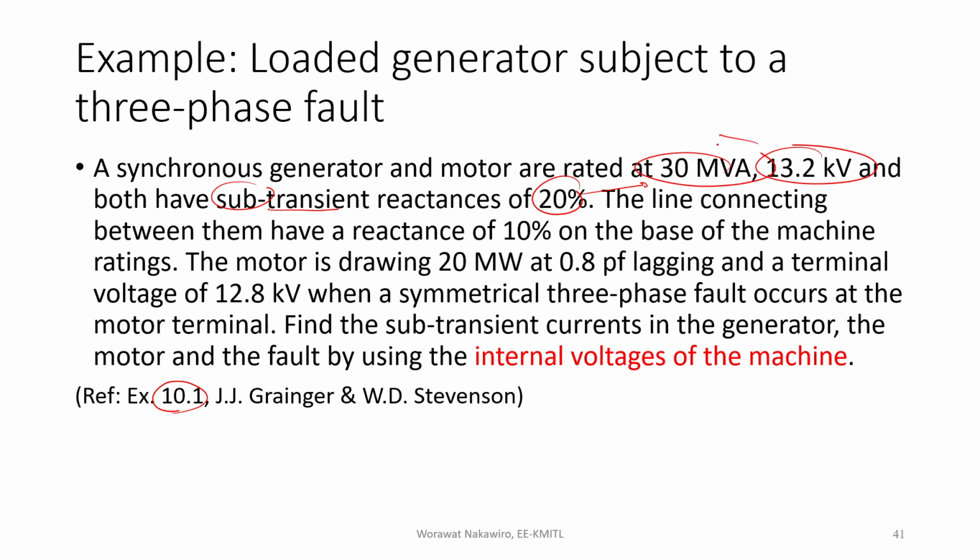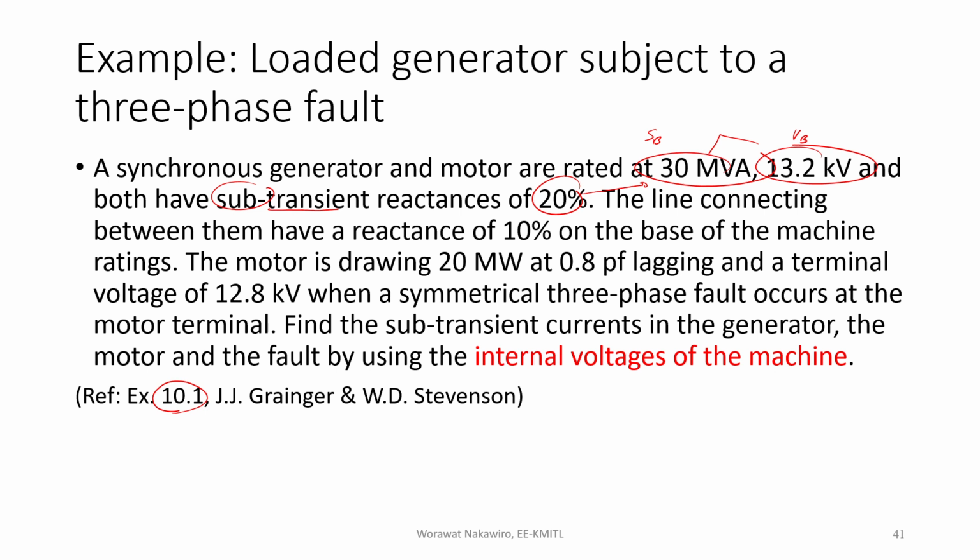So this 20% means 20% of the base. When we give the S base, or power base, and the kV base, given these two you are able to find the impedance base. 20% means just 20% of that base. In this kind of problem, we will do everything in per unit calculation.